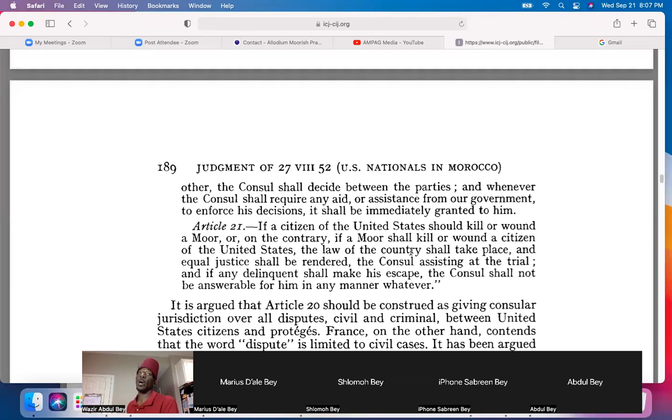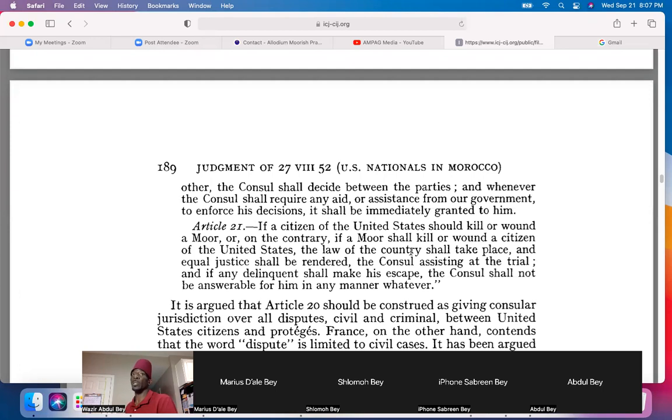So they know who the Moors are. And they know that the Moors are in Morocco, subjugated as Moorish subjects under American jurisdiction.